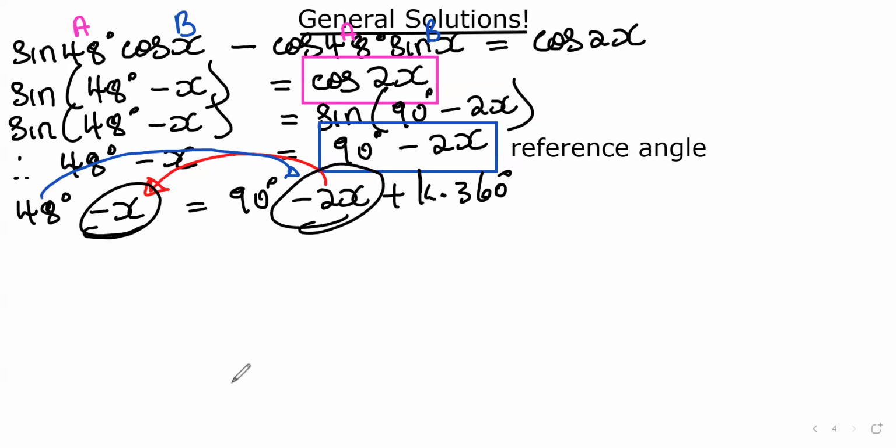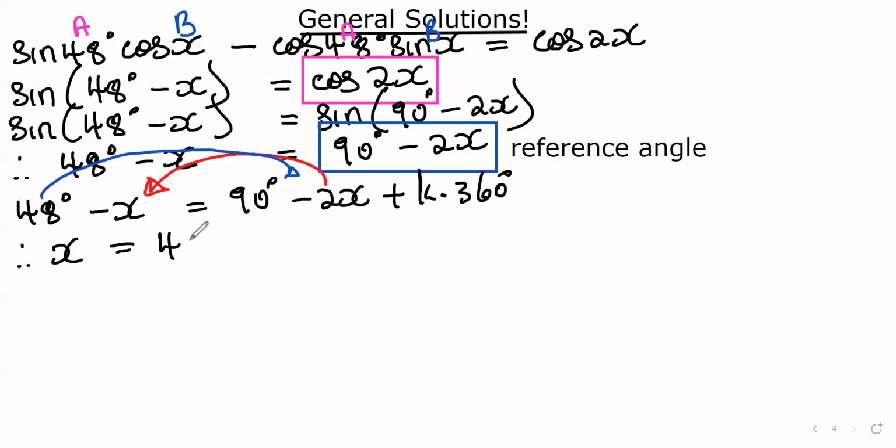Negative x plus 2x is just a solid x. 90 degrees minus 48 is going to give us 42 degrees. And we still have k times 360 degrees, where k, of course, is an element of integers.